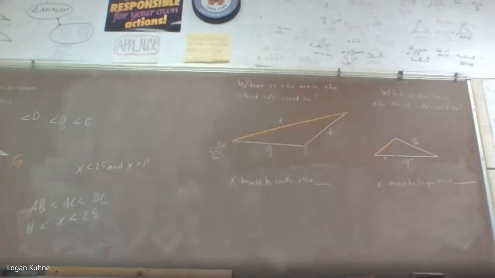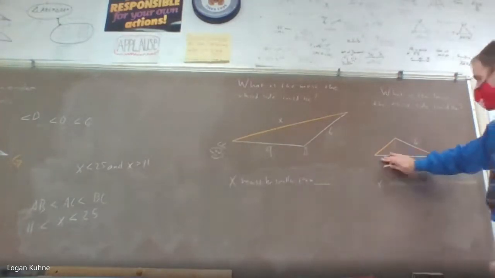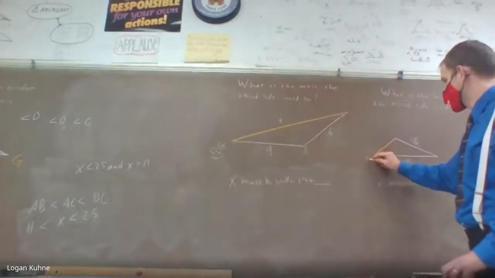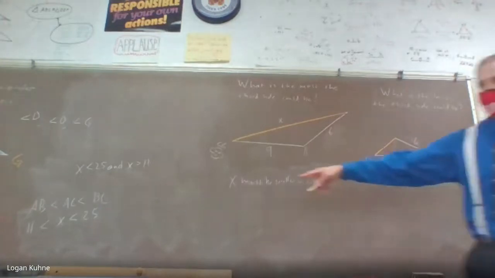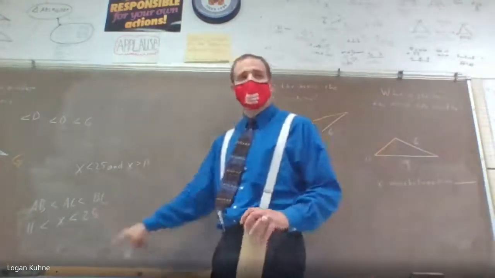Like that, not in the triangle. Okay, so now here's the thing. We don't know which angle he went at, did we? We can't figure it out exactly, but we should be able to get like a range of values, kind of like over here. Okay?